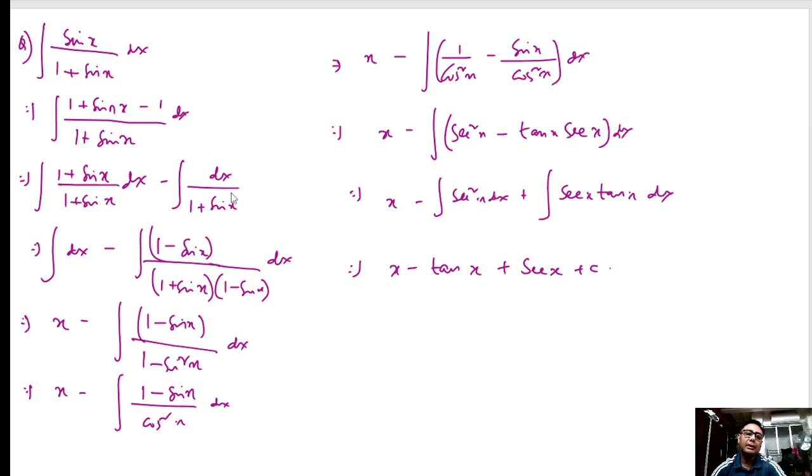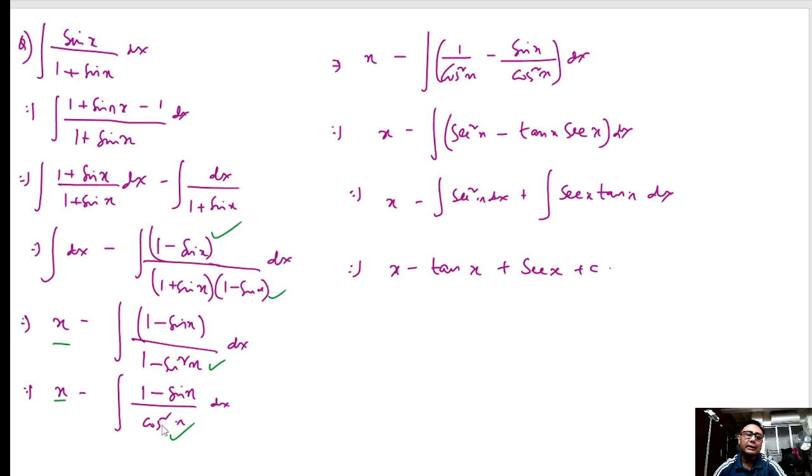So we have multiplied by 1 minus sin x up and down. So this becomes 1 minus sin square x, which is cos square x. And this is dx, integration of dx is x.